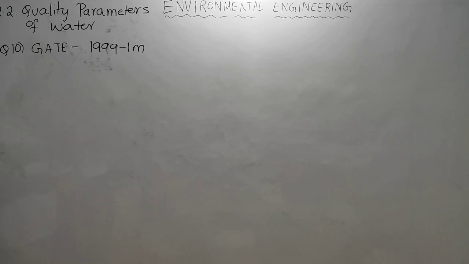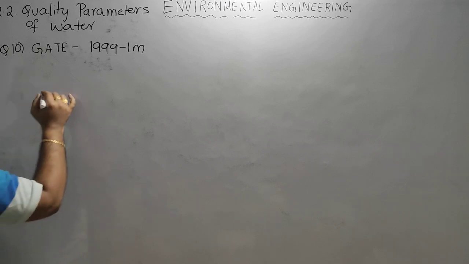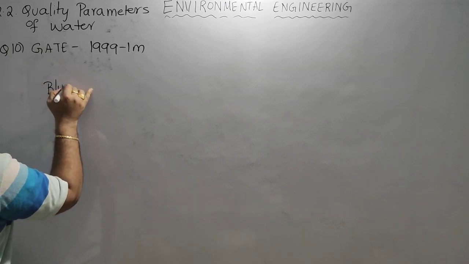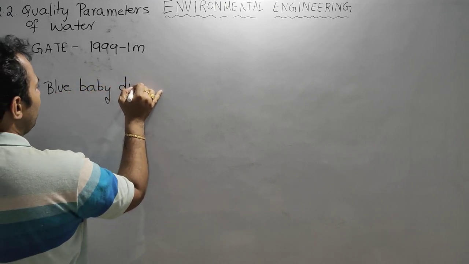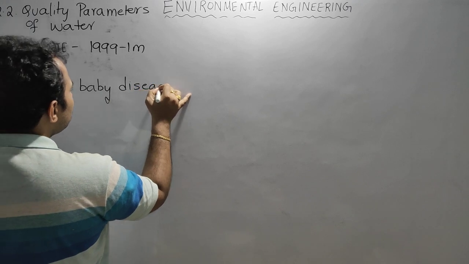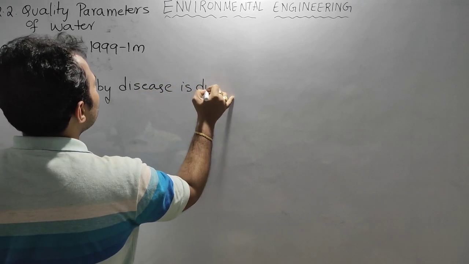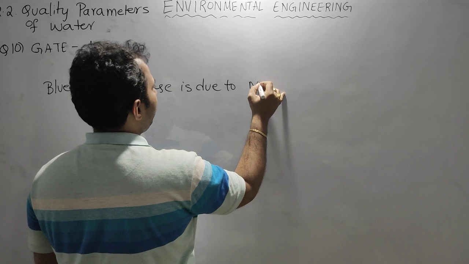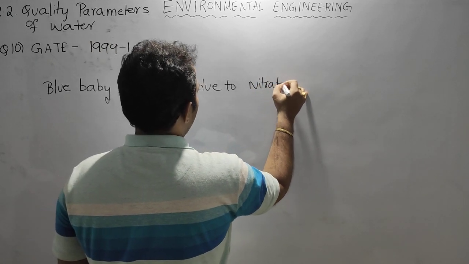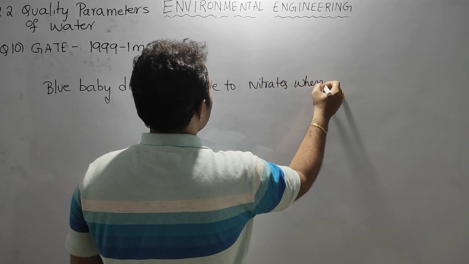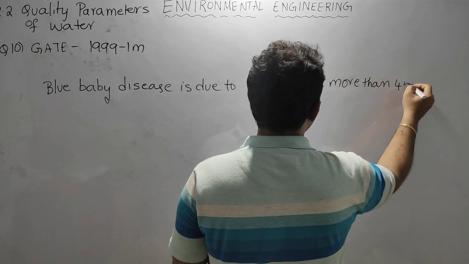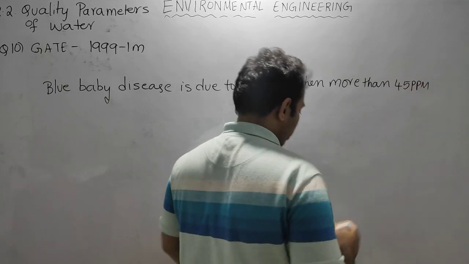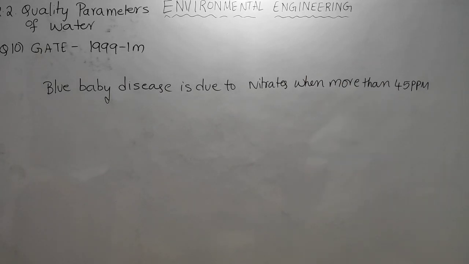Already we have discussed. Blue baby disease is because of nitrates, excessive nitrates, when more than 45 ppm. Okay, so this is 10th question.